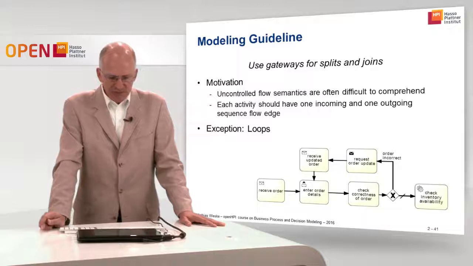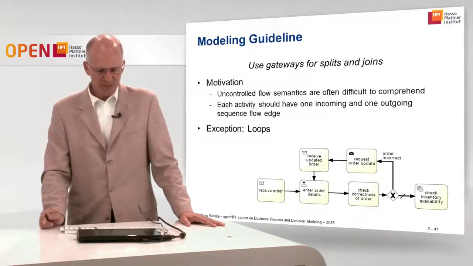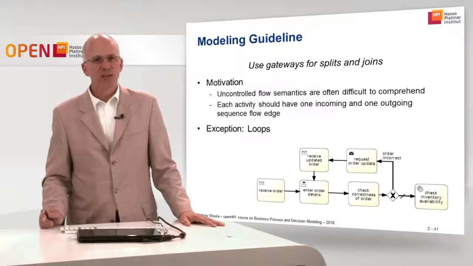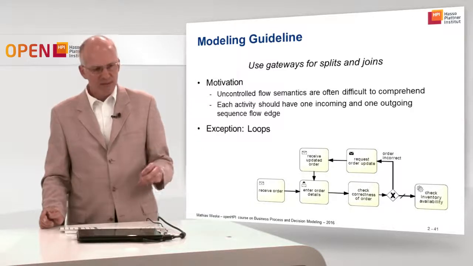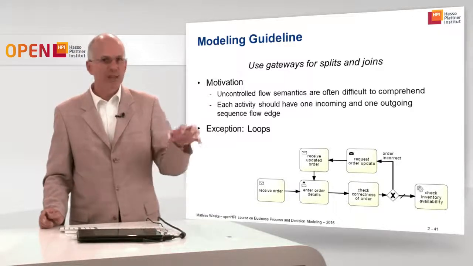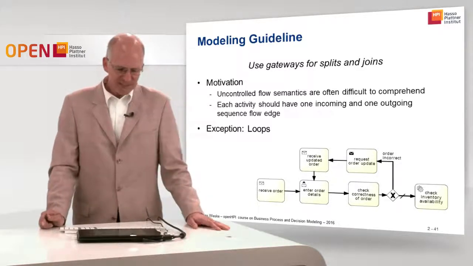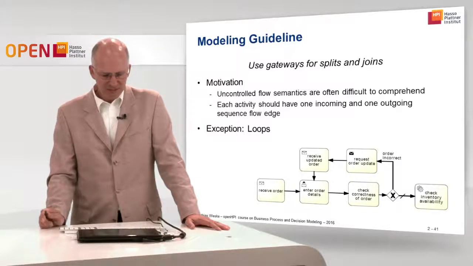The motivation is that uncontrolled flow semantics are often difficult to comprehend. Each activity should have one incoming and one outgoing sequence flow edge, and that makes it very clear because then activities do not have split and join behavior, and the concepts of splitting and joining are represented by a dedicated element, which is the gateway.